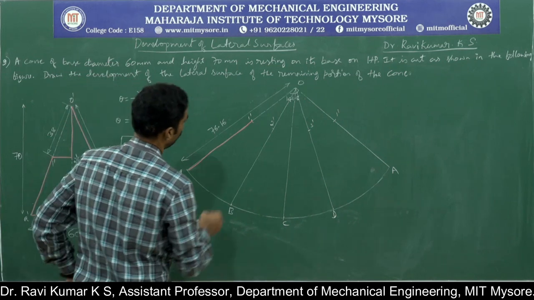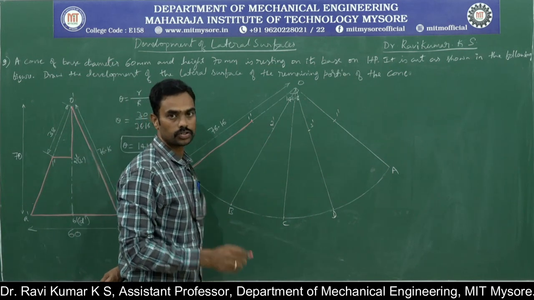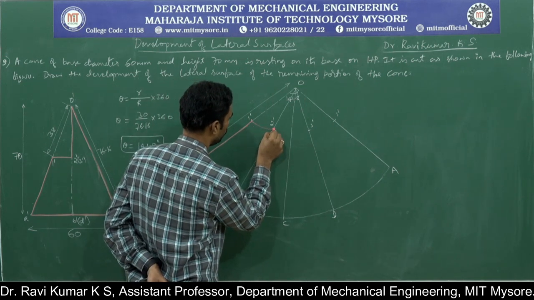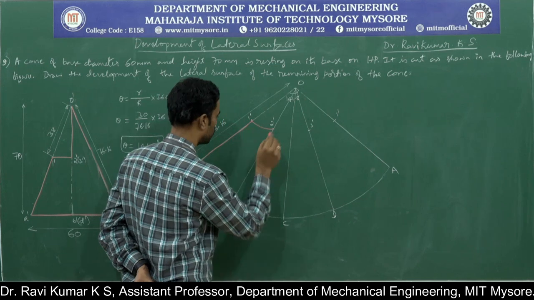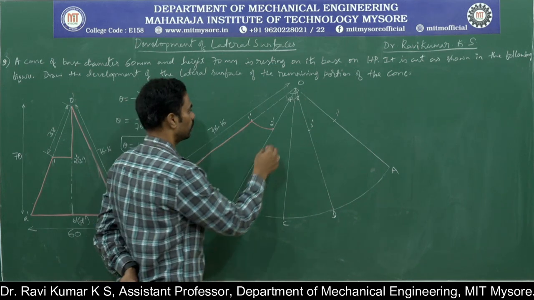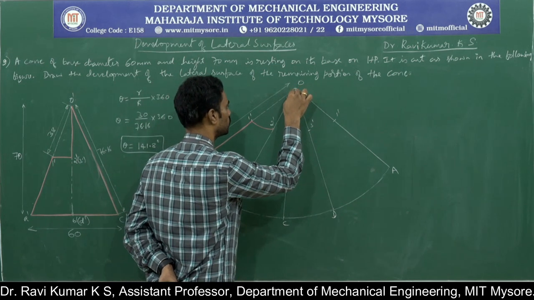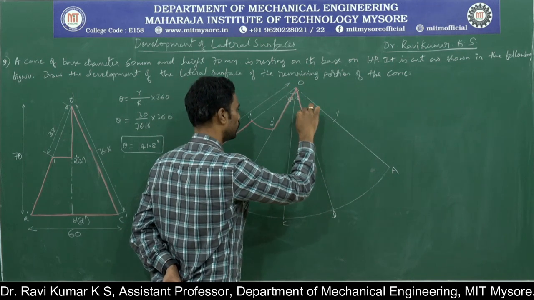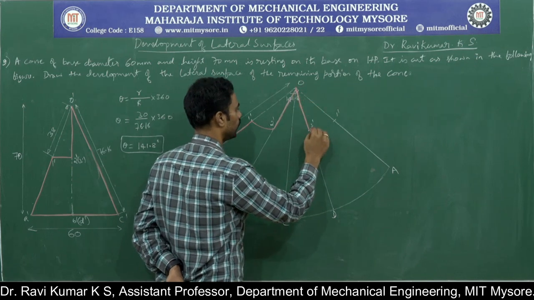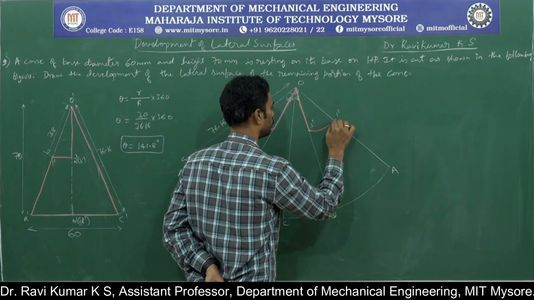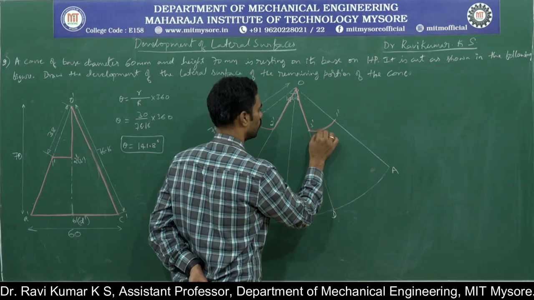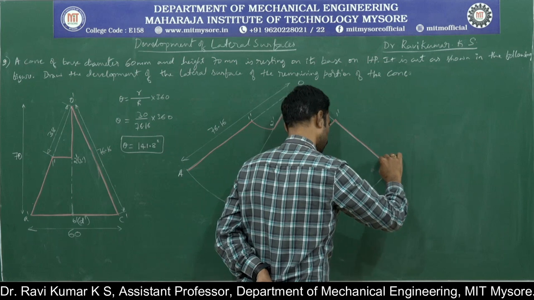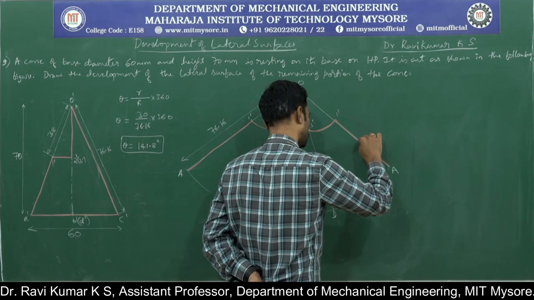Therefore, you should not join 1 to 2 with a straight line, you should join it with a curve. Now 2 to O remains unchanged. O to 3, then 3 to 1 dash, again a curve. 1 to A is a straight line.